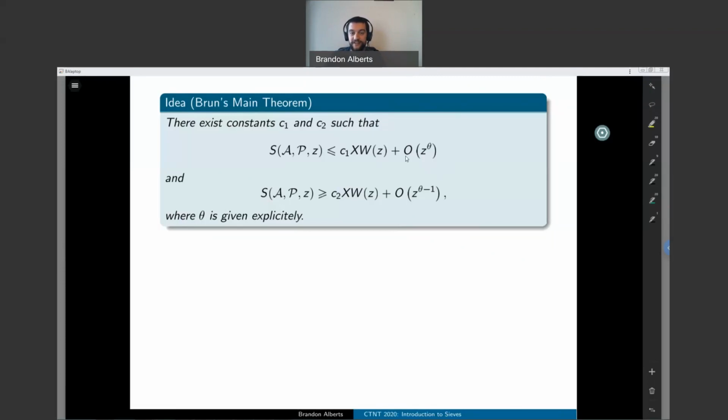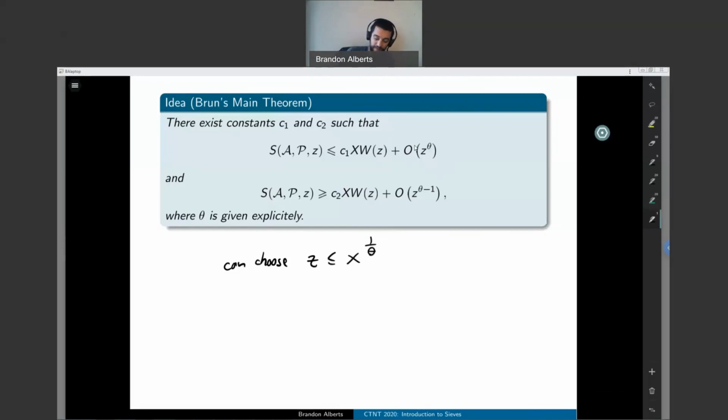Which means that you can pick z, not like some kind of weird log thing. We can choose z to be anything less than or equal to x to the 1 over theta.